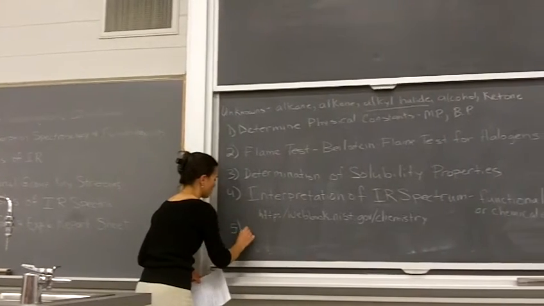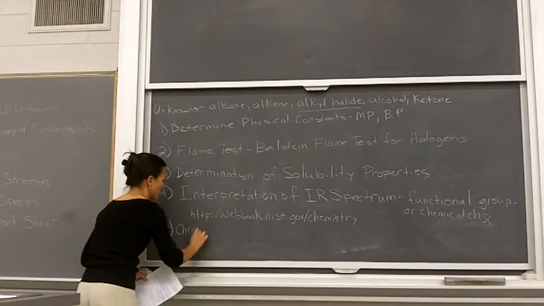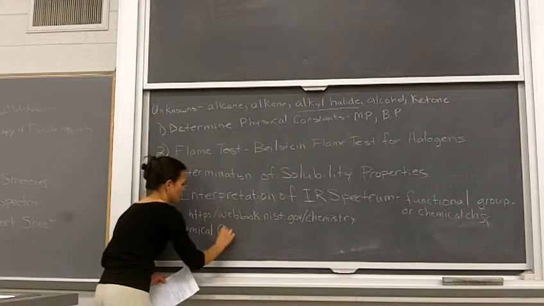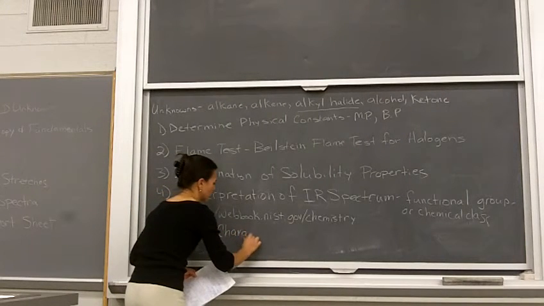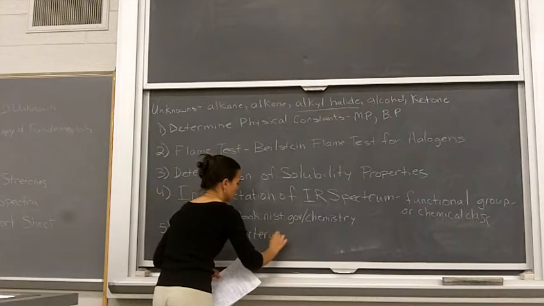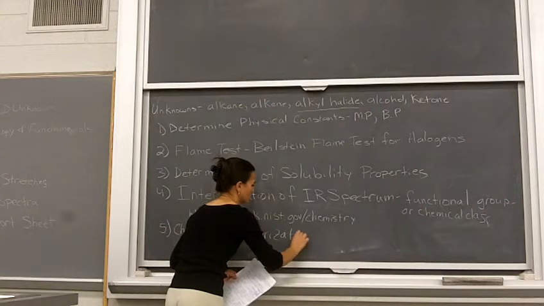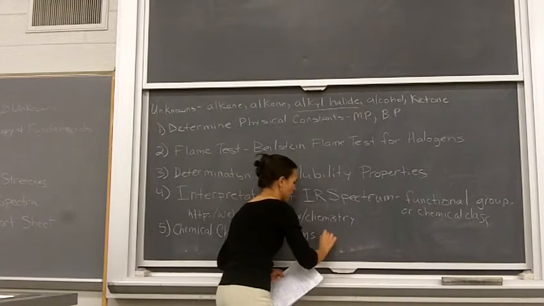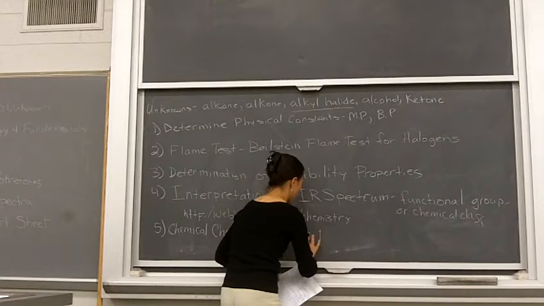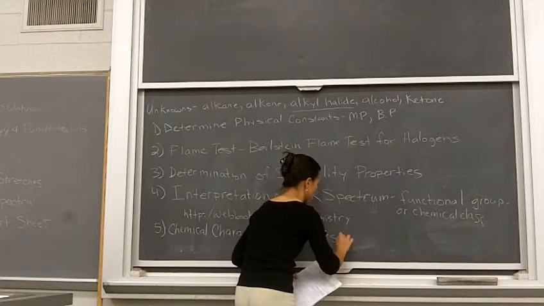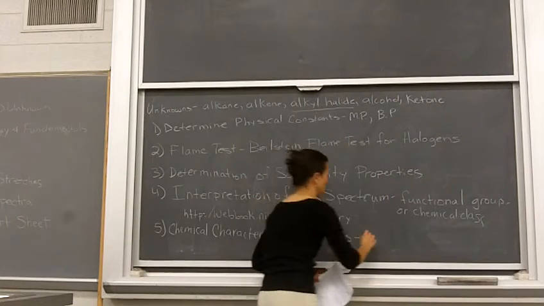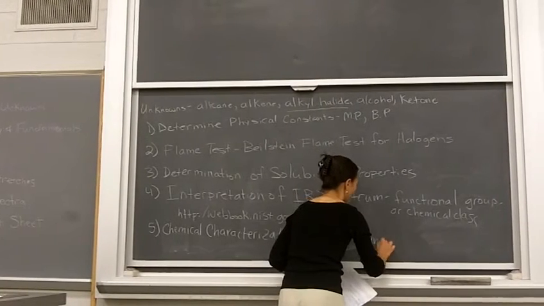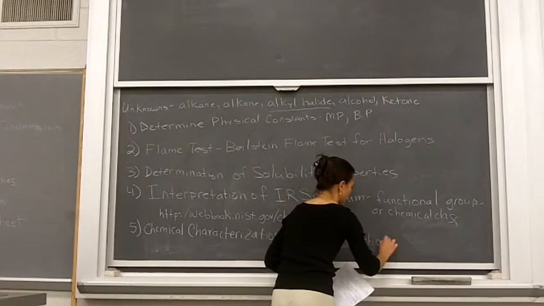The fifth thing you will use is chemical characterization tests. These tests are specific for specific functional groups, and so they will help you figure out, again, the functional group or chemical class.